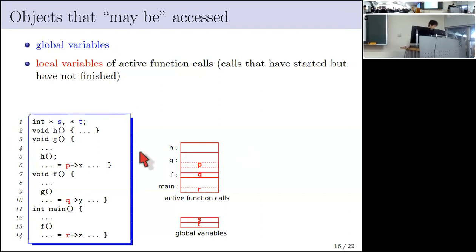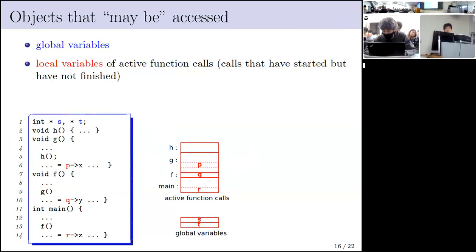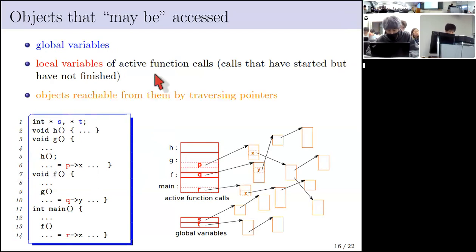Okay, so let me continue. These are just fairly simple and conservative estimations about which variables may be used in future. And more importantly, all the objects that are reachable from them by traversing pointers may also be used.